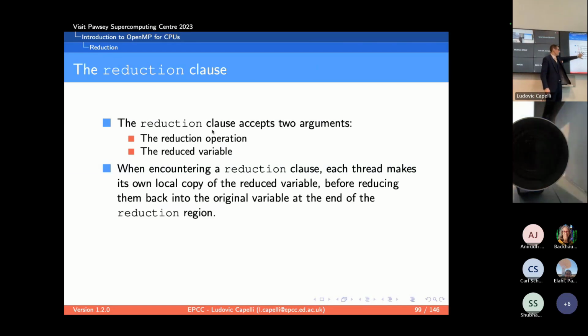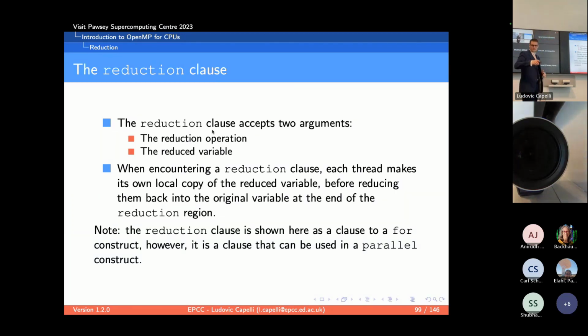This is what I say here. At the end, all these copies will be merged back into the original variable. I have a step-by-step example coming right next. Typically, we use reductions for for loops, but it's not a clause that is only at the for loop level.